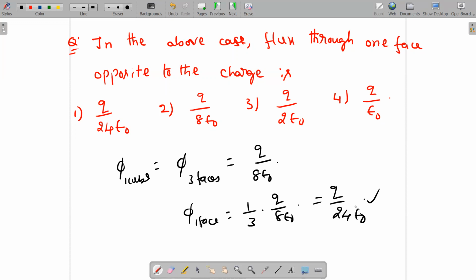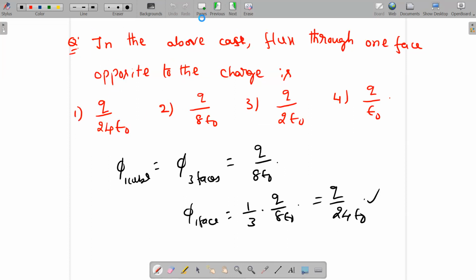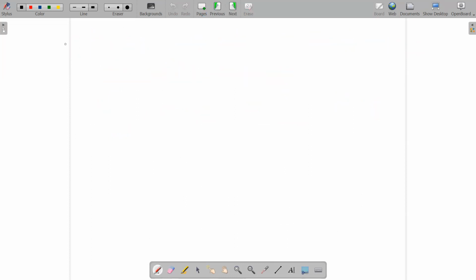Next, let us go to the next related question. Before going to this, here itself, I would like to give you one more additional question. Let us say the charge is placed at the center of an edge.